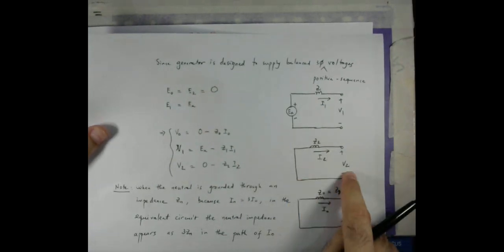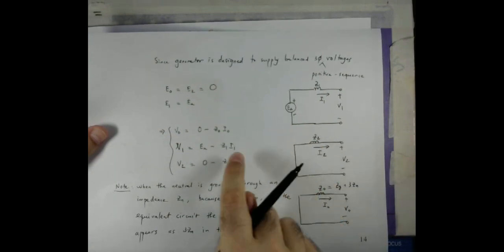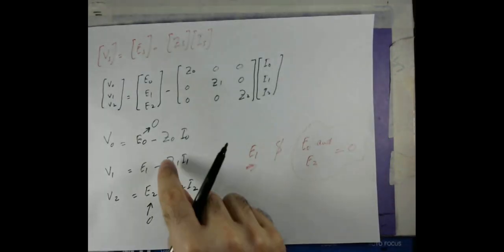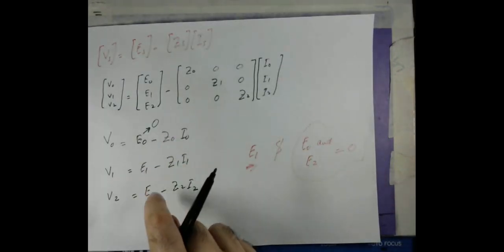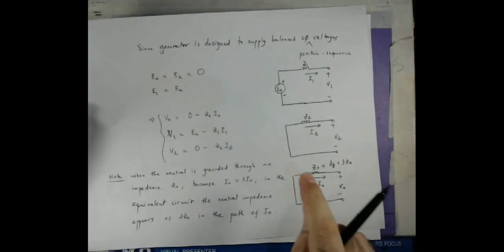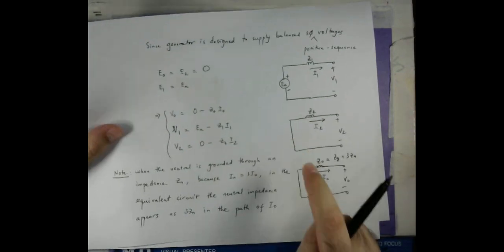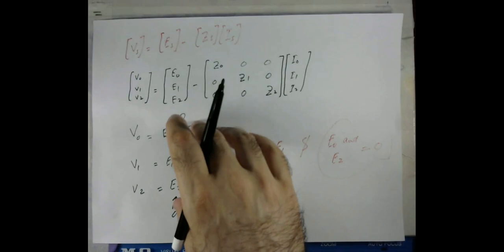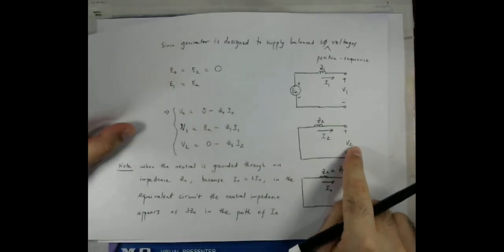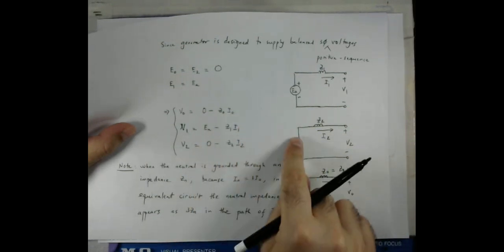So now V2 will be equal to minus I2 Z2, because if we draw the networks based on these expressions and then put E2 equal to 0, it means that we connect it to the ground.